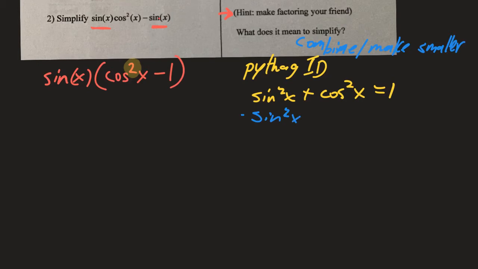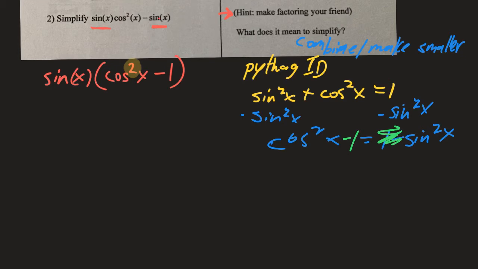Subtract sine squared x, and I've got cosine squared x equals 1 minus sine squared x. Now this might be enough for me just to plug in here, but we can take it a step further and move this 1 back to the other side.